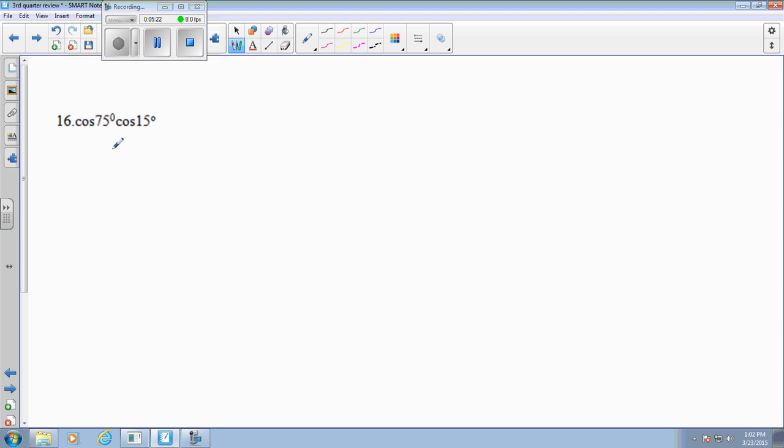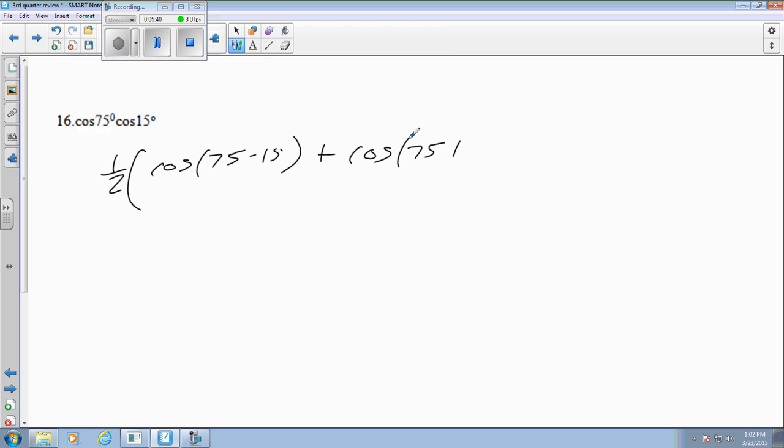Question number 16. Again, I'm using the product to sum rules. It says 1/2 of the quantity cosine 75 minus 15 plus cosine 75 plus 15.